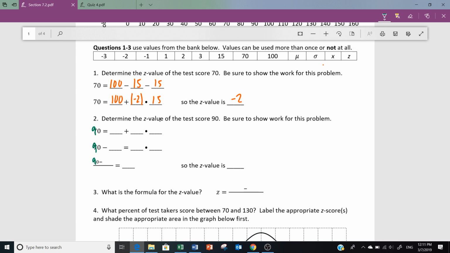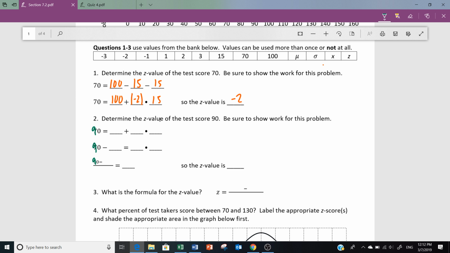Again, we're in groups of 2. So it's just these standard deviations away from the mean. The mean is 100 and 70, so it's -2 times 15 because we know 15 is the standard deviation.